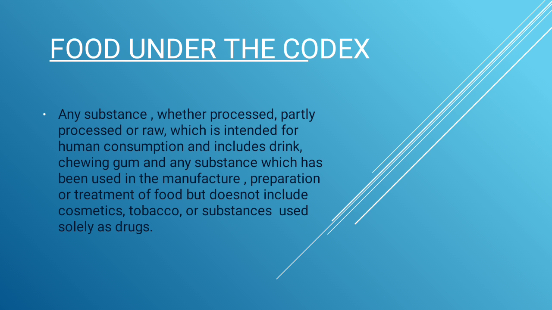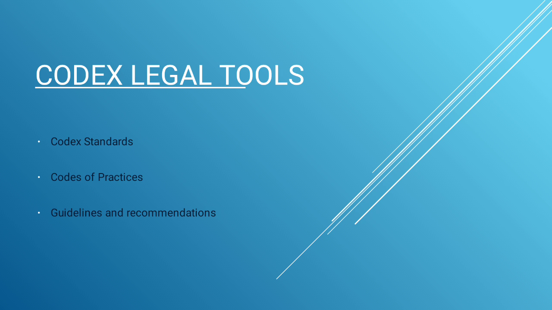Considering both the health and economic consequences of unsafe food, governments should give greater attention to prevention and control of food contamination at the national level. And some of the Codex tools we have are Codex standards, Codex practices, and the guidelines and recommendations.